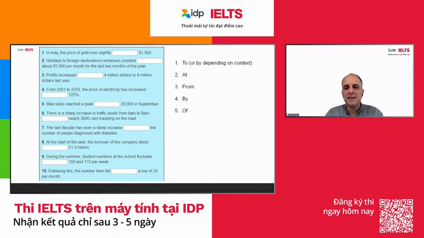With the next one, number 6. At would be okay, but with for this one. Okay. So with nearly 3,000 cars traveling on the road. At nearly would work as well.